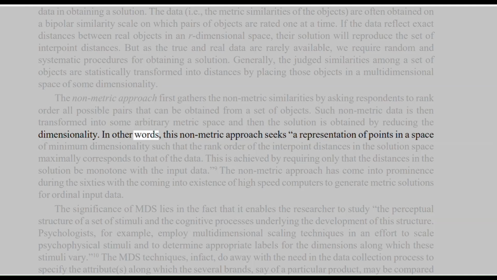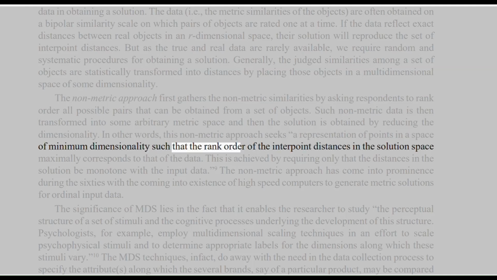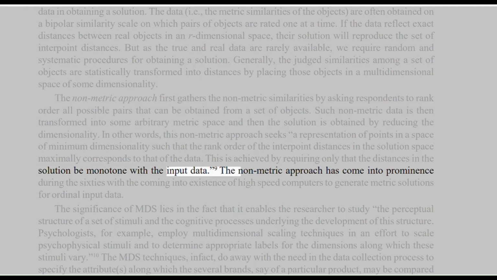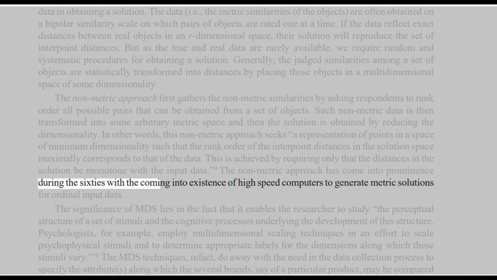In other words, this non-metric approach seeks a representation of points in a space of minimum dimensionality such that the rank order of the interpoint distances in the solution space maximally corresponds to that of the data. This is achieved by requiring only that the distances in the solution be monotone with the input data. 9. The non-metric approach has come into prominence during the 60s with the coming into existence of high-speed computers to generate metric solutions for ordinal input data.